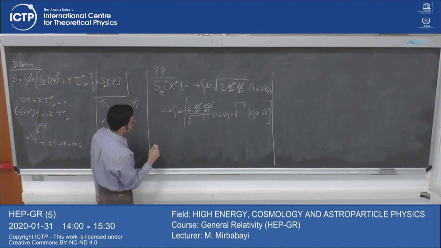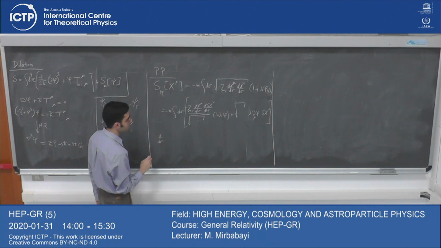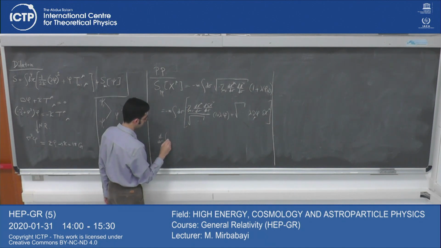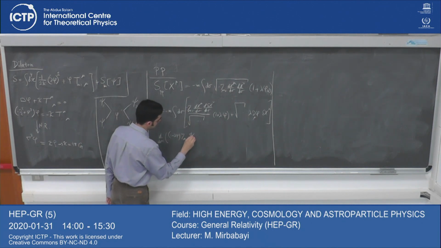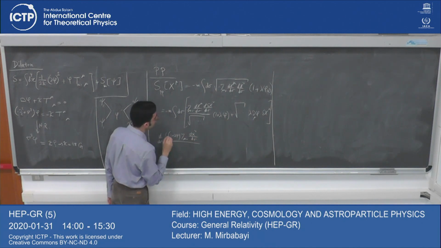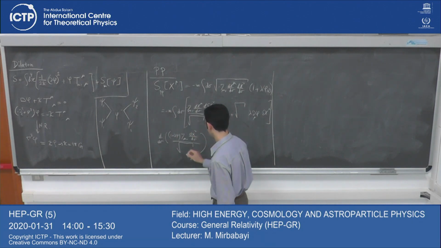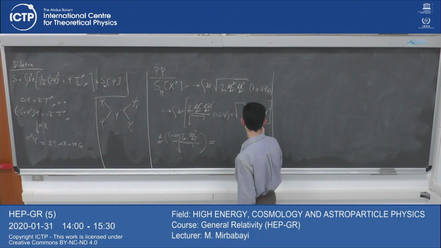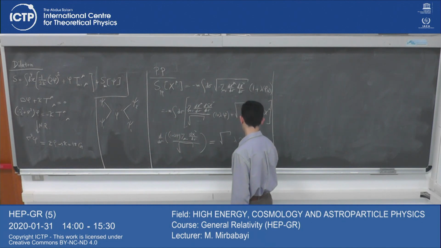So that will give us, this is an overall factor, so we don't care, d by d sigma of 1 plus lambda phi eta mu nu dx mu by d sigma divided by this square root equals the square root times lambda d mu phi.